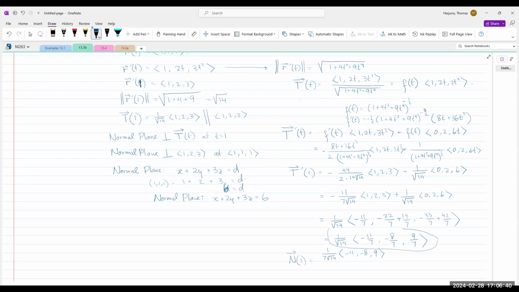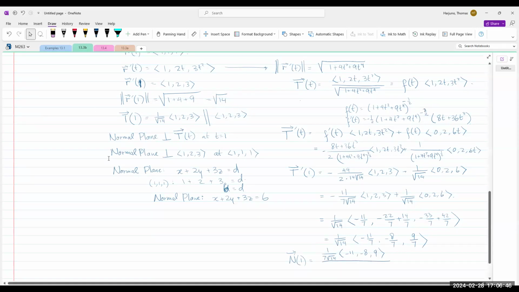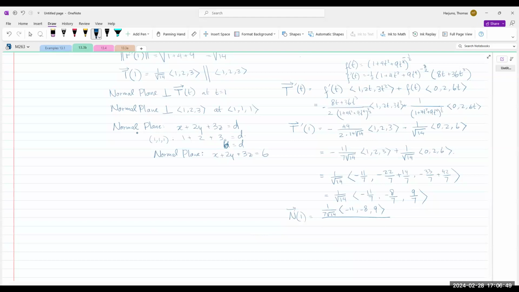This is the T prime 1, right? Divided by its length. But when we divide by the length, notice that the length is 1 over 7 square root of 14 times the square root of negative 11 squared, negative 8 squared, 9 squared.